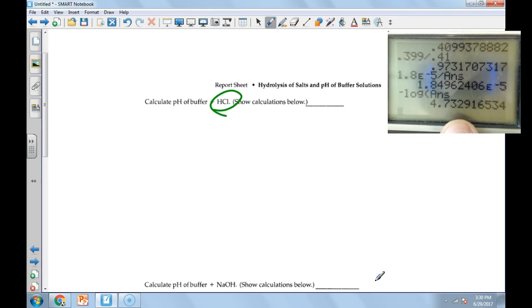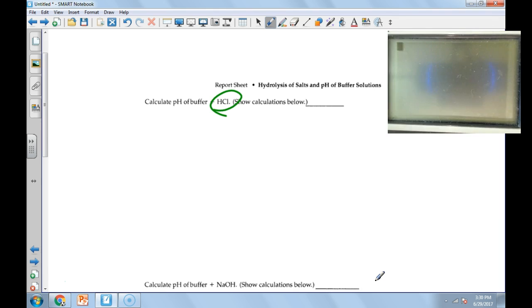And that initial pH is 4.74 or 4.73. Okay, and so what we want to do is recalculate now. If we add, let's see, I think it's 1 milliliter of HCl to the buffer solution.